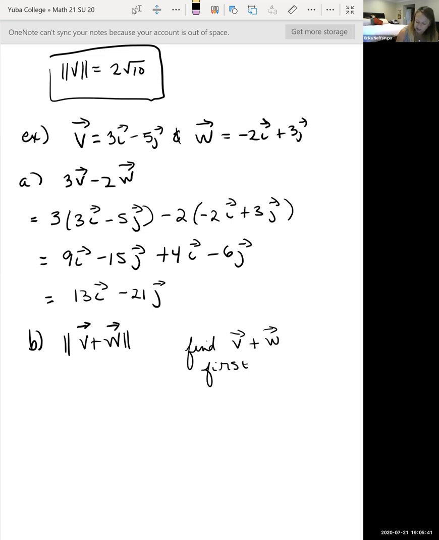So let's just look at it here. So v plus w, we're going to get negative 3i minus 2i. So that's going to be 1i, vector i. Negative 5j plus 3j is a negative 2j.